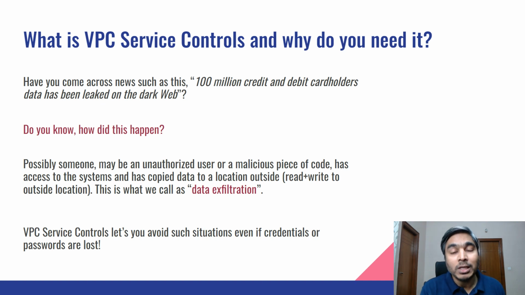And now we will talk about how you use VPC Service Controls to mitigate the risk of data exfiltration. You do not want this unauthorized copy of data from your environment to the outside world, even if passwords are lost, even if somebody has unauthorized access in your environment.